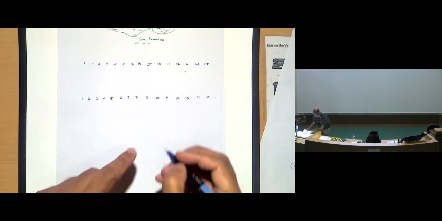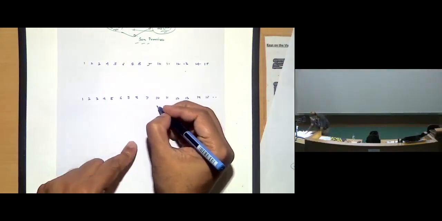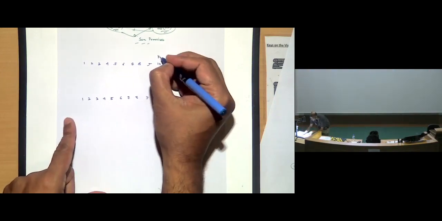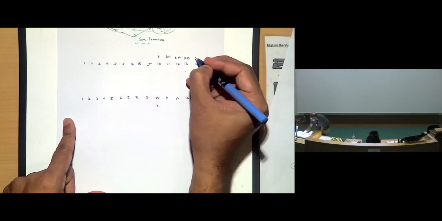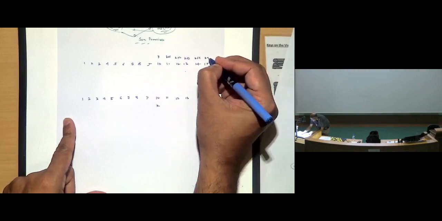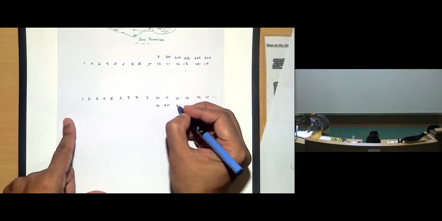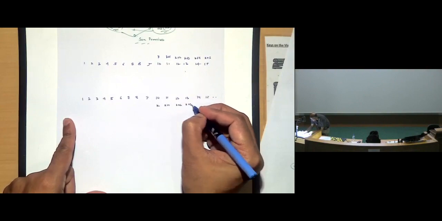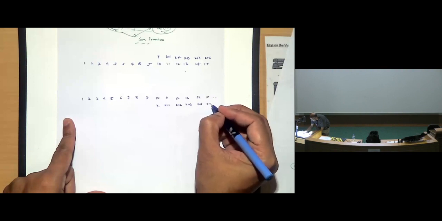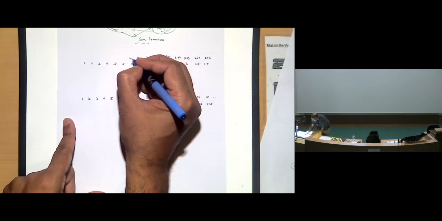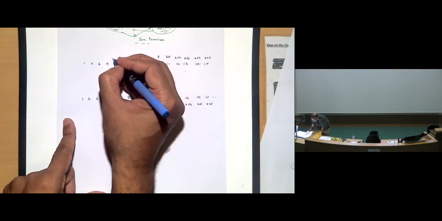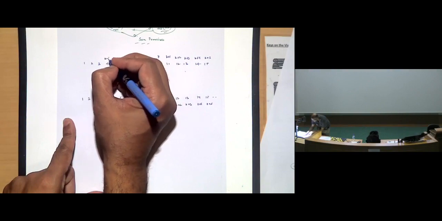So let's just say this is K. I could have done something else, but I think having numbers would make it easier. So let's say this is K plus 1, this is K plus 2, this is K plus 3, this is K plus 4, K plus 5. Let me write the same thing again here. So this will be K minus 1, K minus 2, K minus 3, K minus 4, K minus 5, K minus 6.